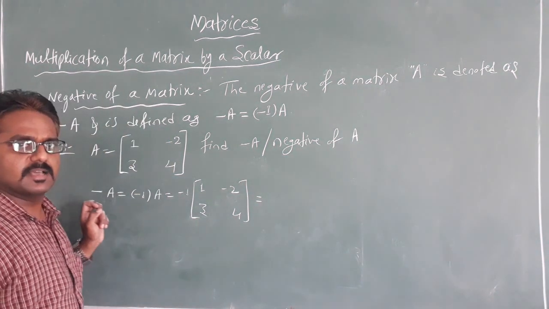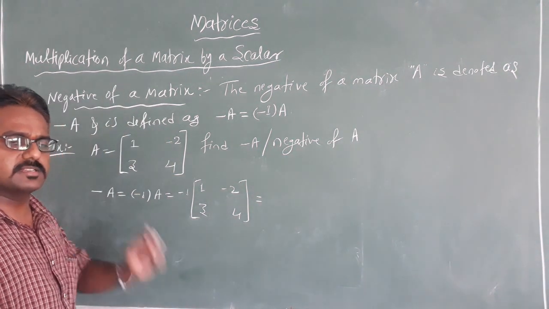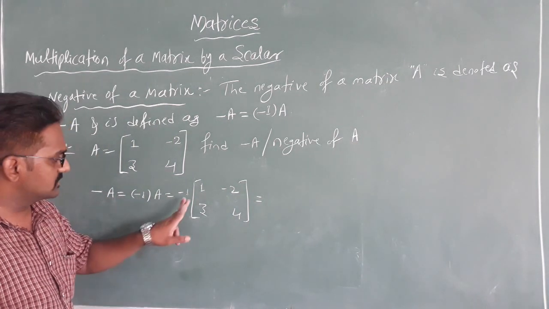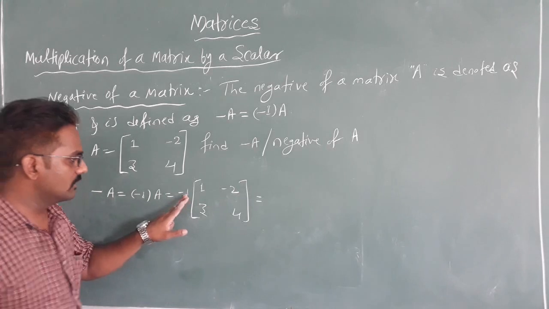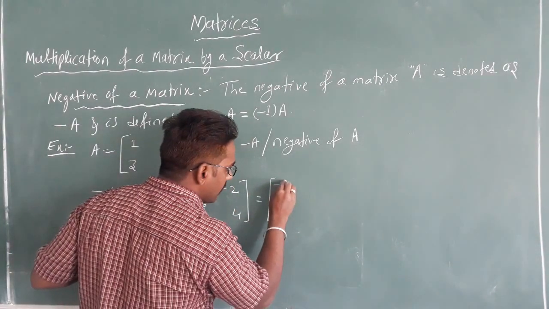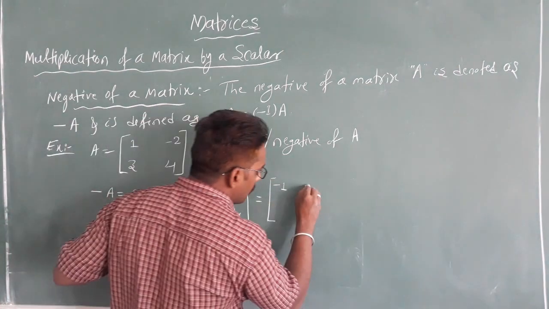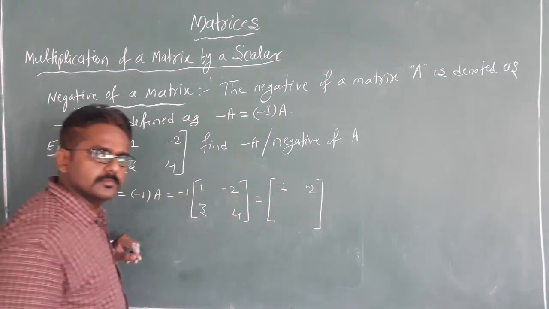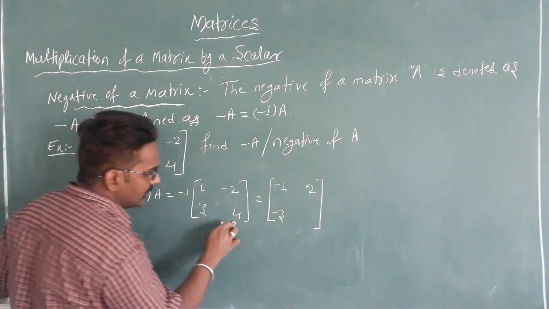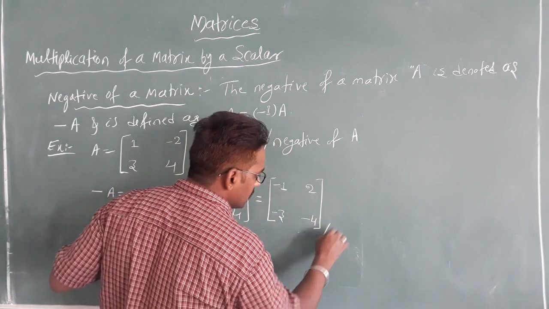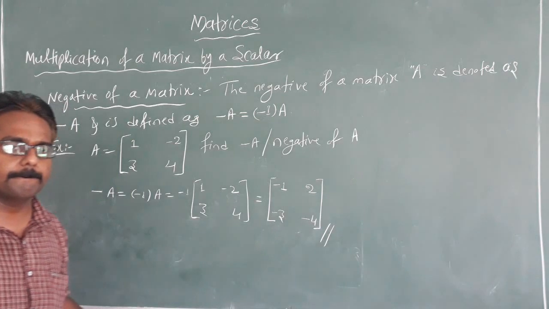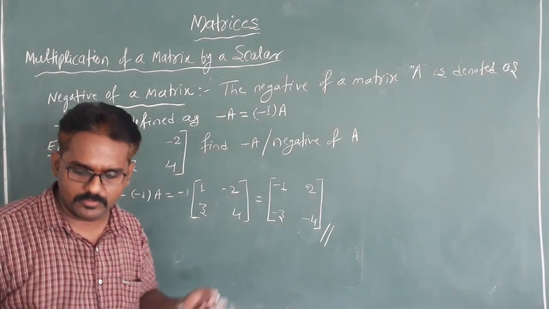Just like the previous example of multiplication of a matrix by a scalar, where we did 5 into each element, here instead of 5 you have minus 1. So minus 1 into 1, minus 1, minus 1 into minus 2, plus 2. Minus 1 into 3, that is minus 3. Minus 1 into 4, minus 4. This is the negative of the matrix A. Write it down, students.